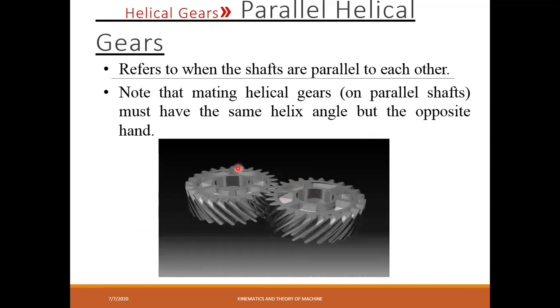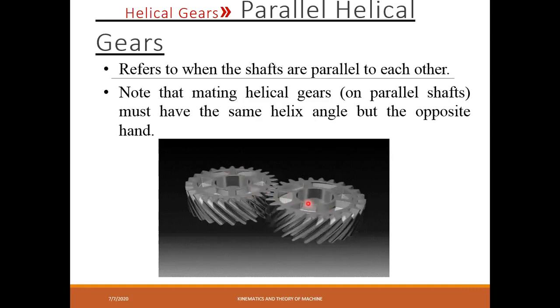It means if two different helical gears are mating, they must have the same helix angle of the teeth. Otherwise, the gear wheels will not be parallel to each other, right?